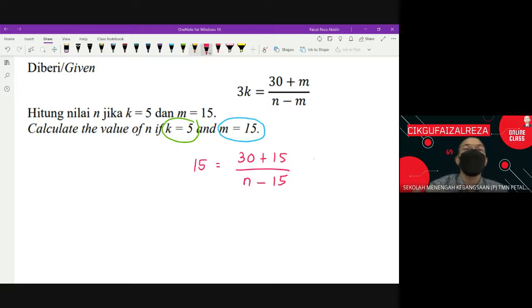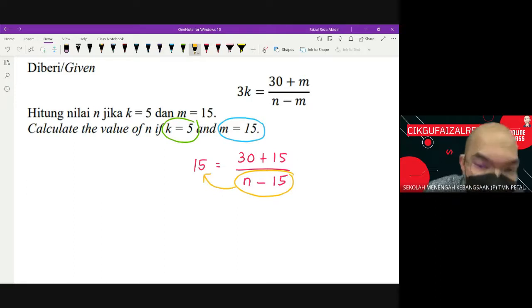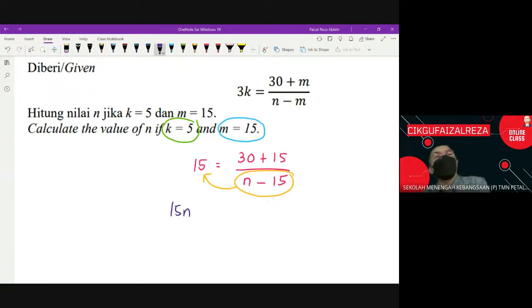So what should I do? I'm going to bring everything to the left hand side. So I'm going to have 15 times n, 15n, and 15 times negative 15, negative 225, equals 30 plus 15.